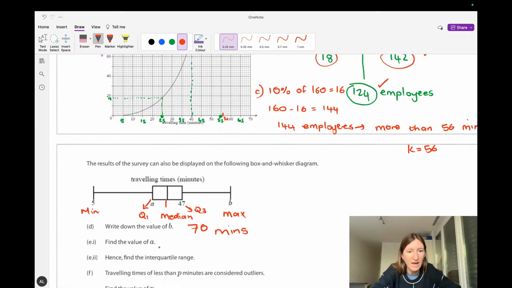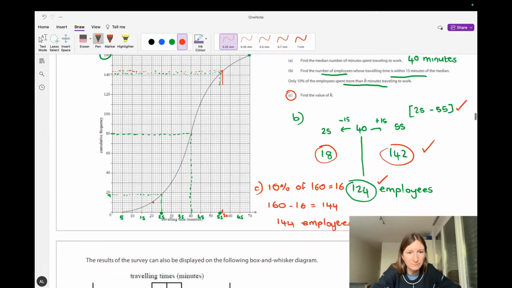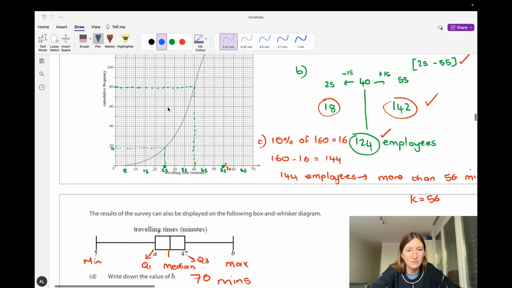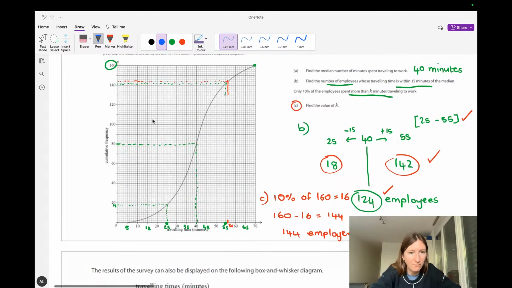All right, the value of A is our quartile 1. Did we find our quartile 1? That was not our quartile 1, that was the question. So I'm going to do it in another color. A, quartile 1. Well, our median was at 80, so at 40 here.